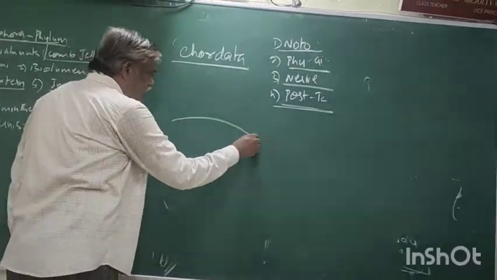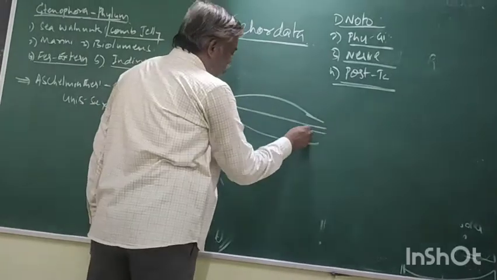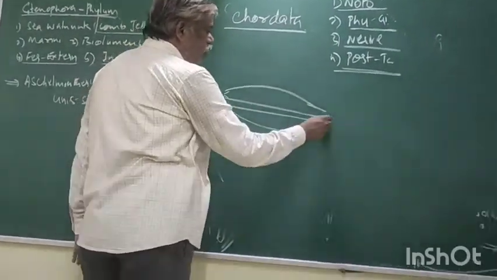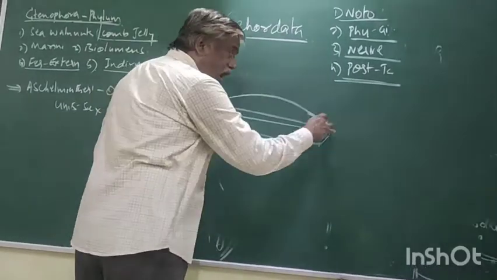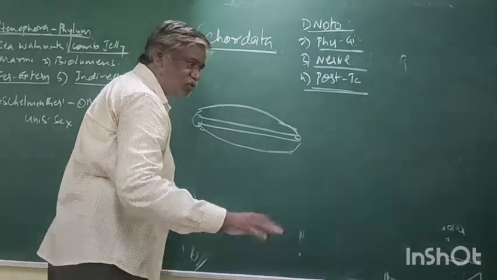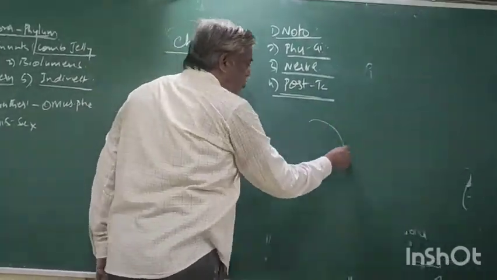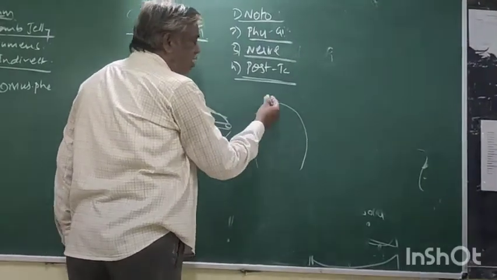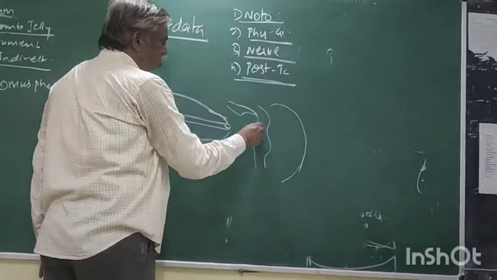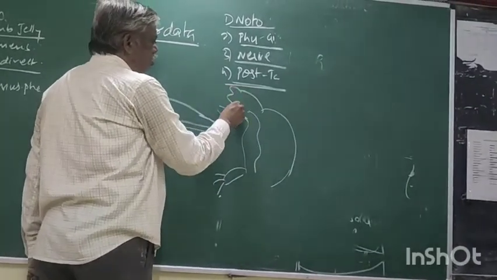See, it is the diagram. Suppose this one is the mouth. Now this is the anus. After the anus, there is no body part. But in all chordates, suppose it is a monkey, whatever it will be, this is the alimentary canal. Here the forelimbs, here the hindlimbs. Now this is the head.